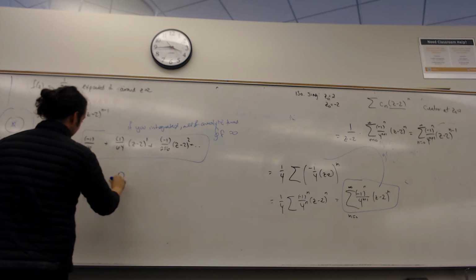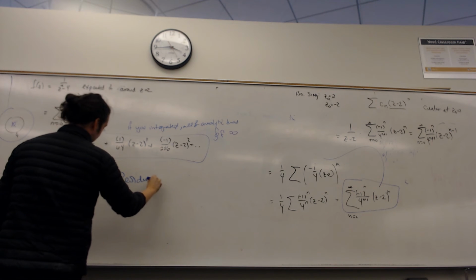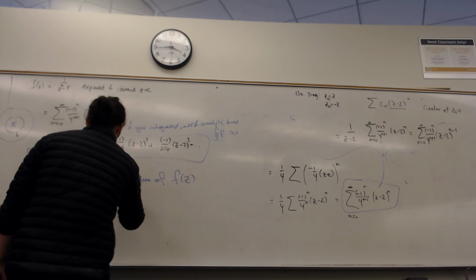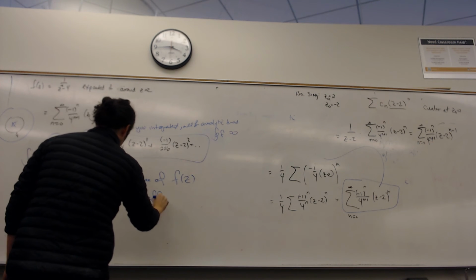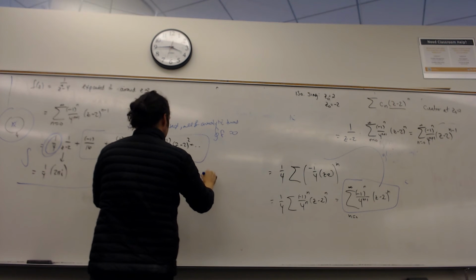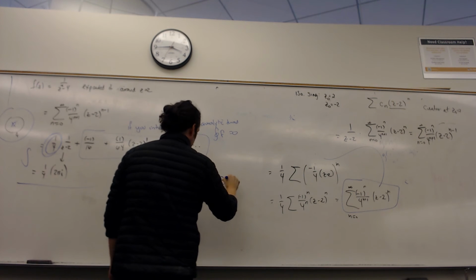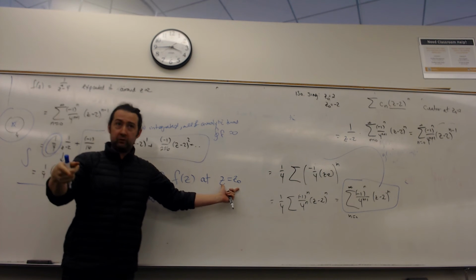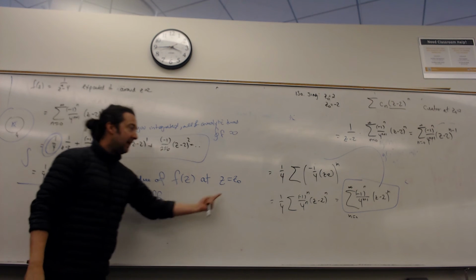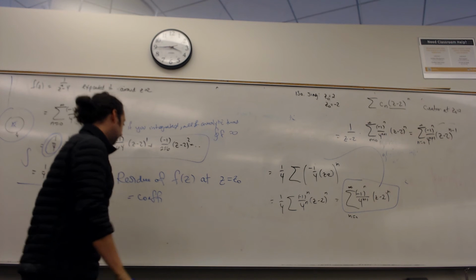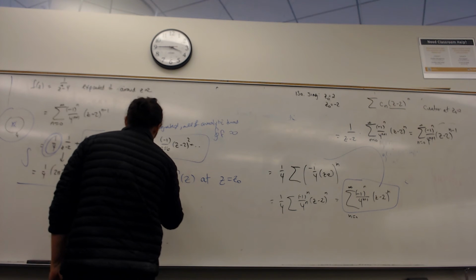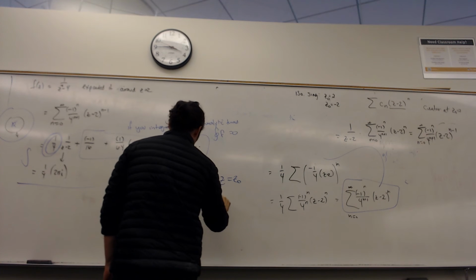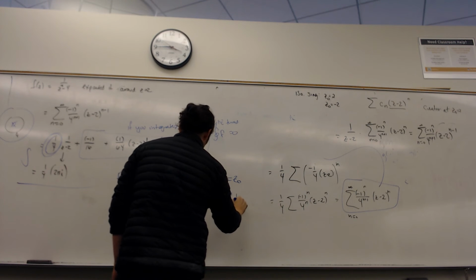So the residue of f of z at a particular singularity, and I have to have chosen which singularity I'm expanding the function around, is equal to the coefficient of the (z - z naught) to the minus 1 term.